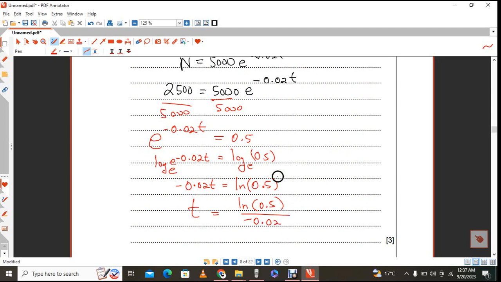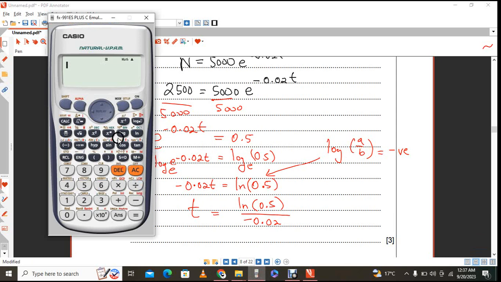A hint: once you have a log of a fraction, the answer will always be negative. You can go ahead and play around with it. You can say log of 1 over 3. The answer is always going to be negative, even if you say the natural log of 0.5.